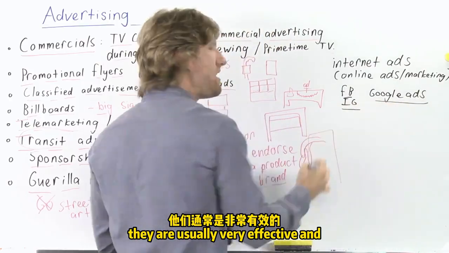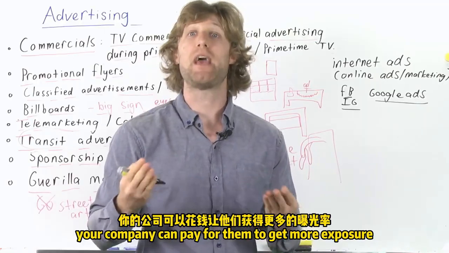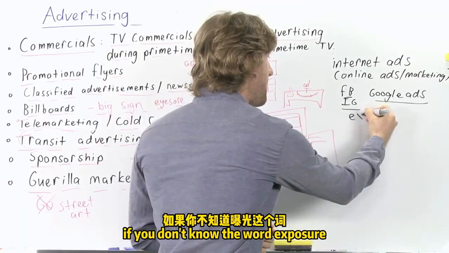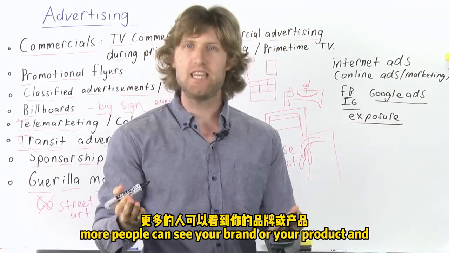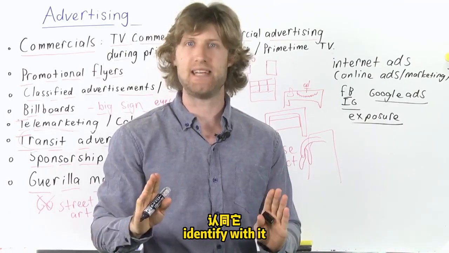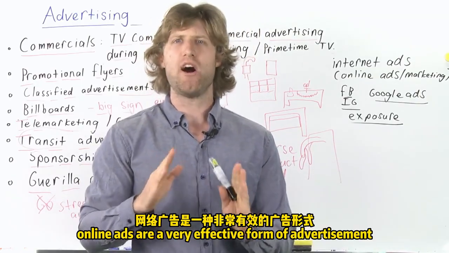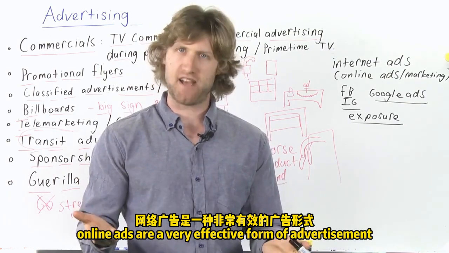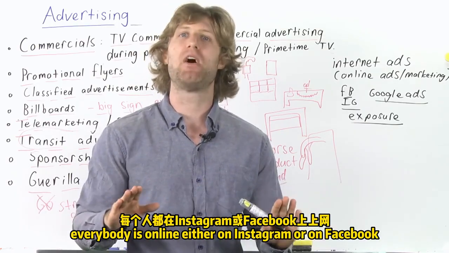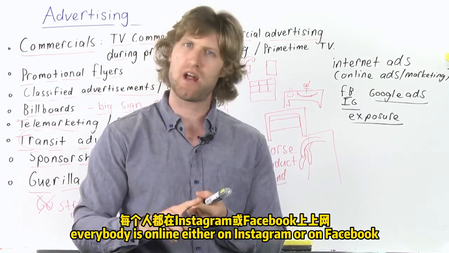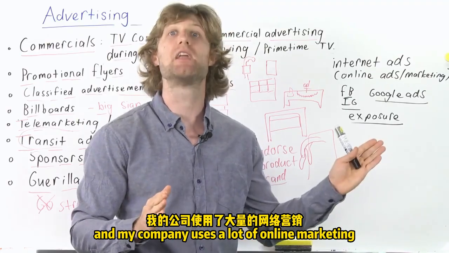They are usually very effective, and your company can pay for them to get more exposure. If you don't know the word exposure, that means more people can see your brand or your product and identify with it. So you can say, in my country, online ads are a very effective form of advertisement because in my country, everybody is online, either on Instagram or on Facebook, and my company uses a lot of online marketing to promote our products.